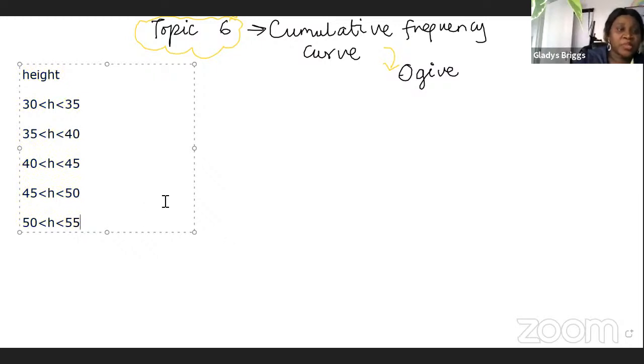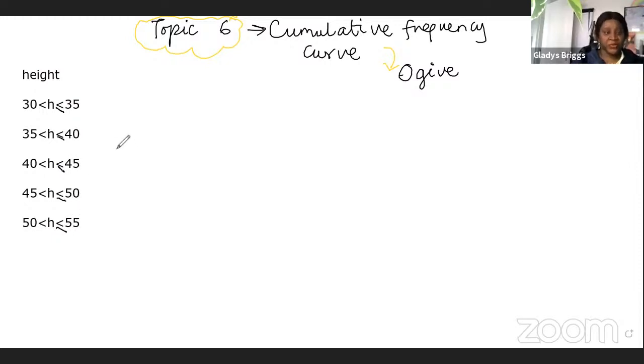Okay, so there's the table, and this is less than or equal to, less than or equal to, less than or equal to, and less than or equal to, so write that correctly in your books for me.